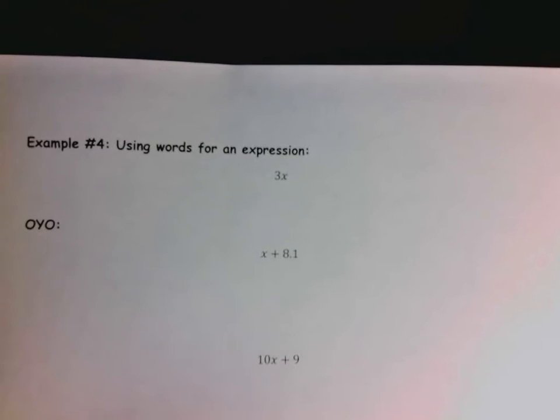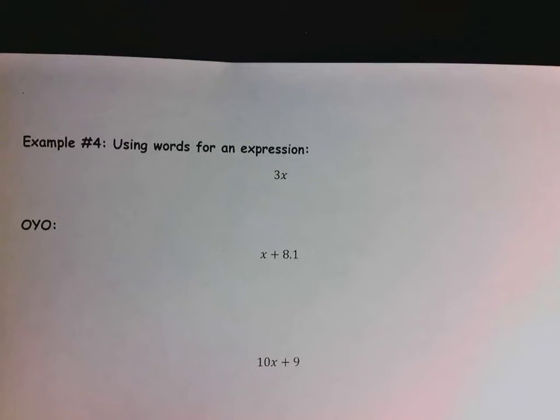Okay, using words for an expression. I gave you a handout which has some mature wording for how to describe expressions. We don't want to use simplistic terminology like times or multiply. So for example, on 3x, I don't want to say 3 times x or 3 multiplied by x. I want to use more mature wording.